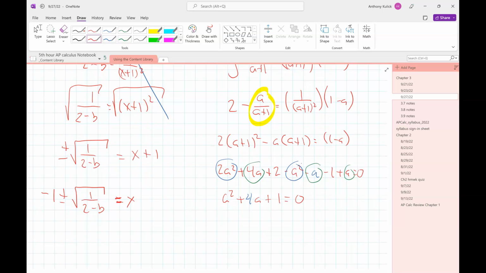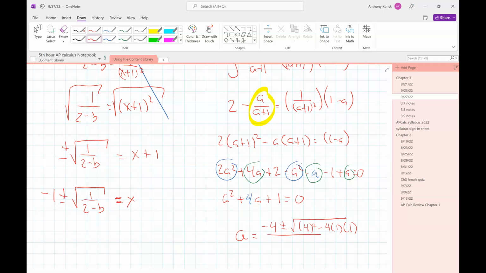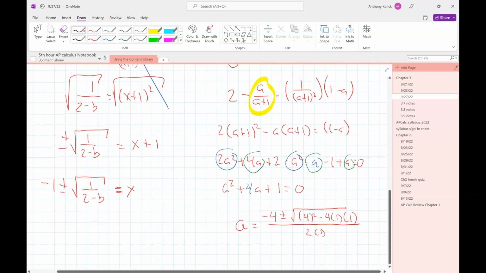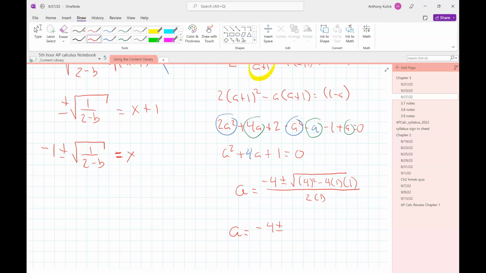To solve this quadratic formula, I have 16 minus 4 is the square root of 12, which is 2 root 3.